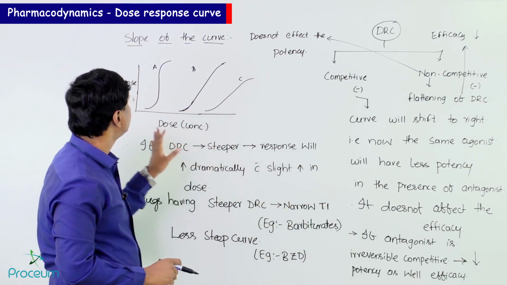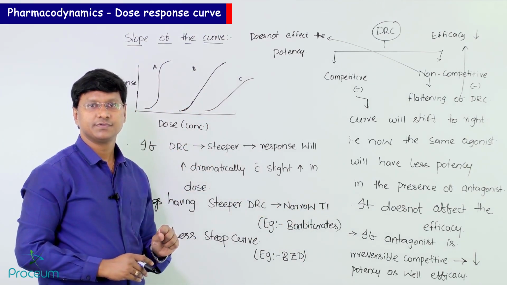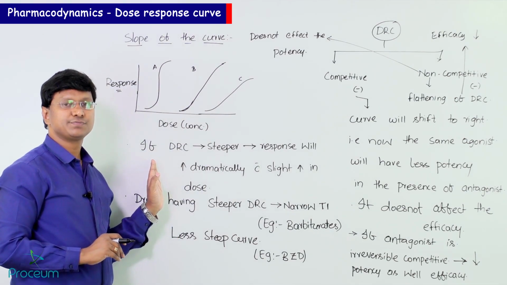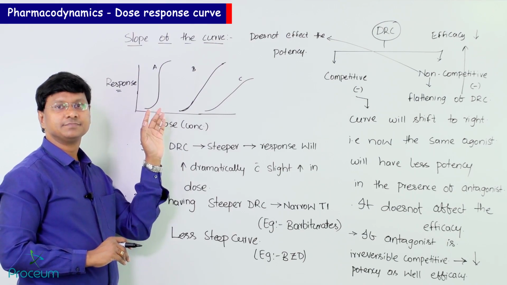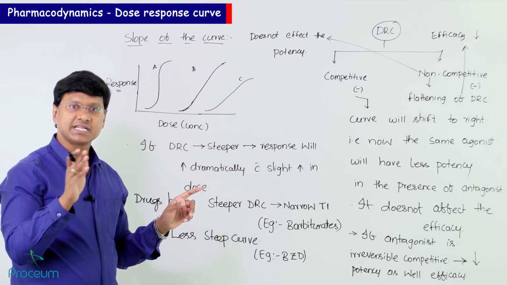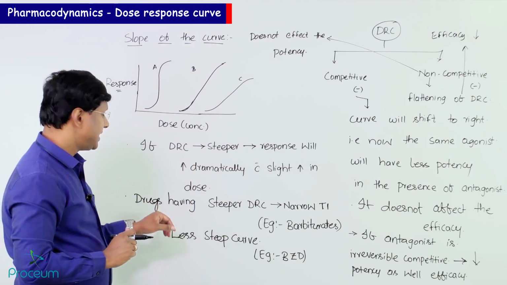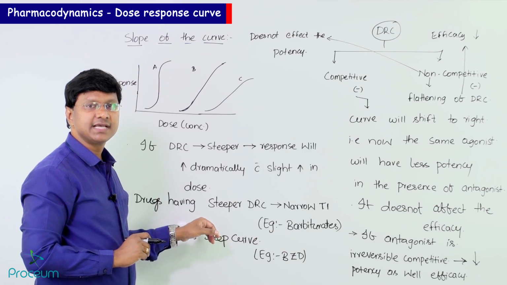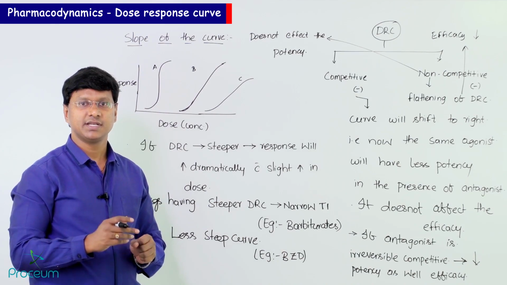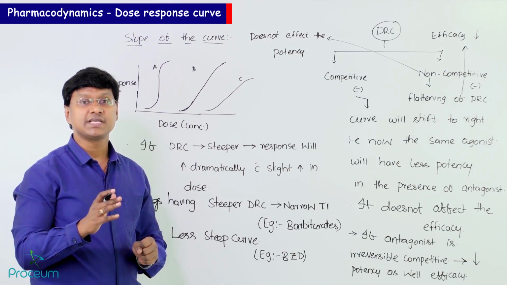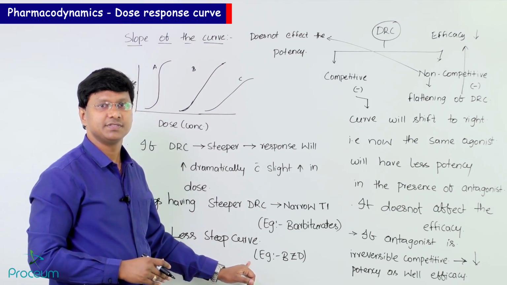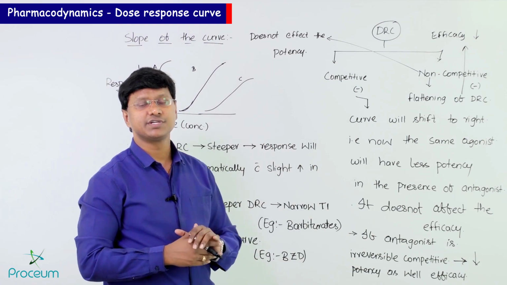So this is what you mean by the slope of the curve. Let me shortly revise about the slope of the curve. Remember, if the dose response curve is steeper, the response will increase dramatically with a slight increase in the dose. The drugs having a steeper dose response curve have a narrow therapeutic index, like barbiturates. Those having a less steep curve, for example, are like benzodiazepines.